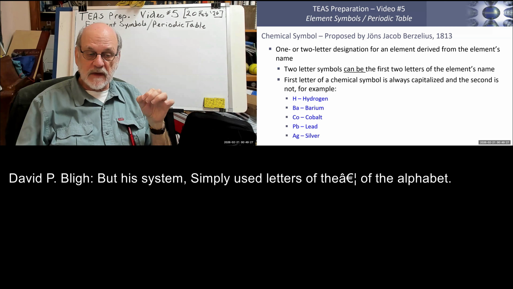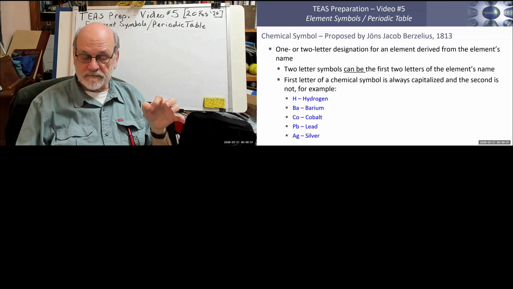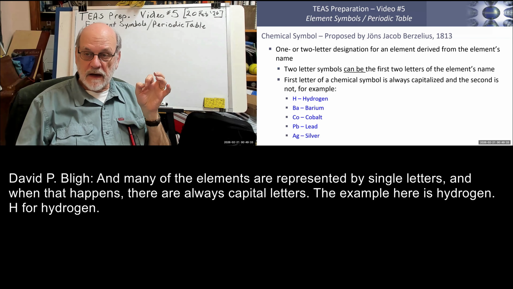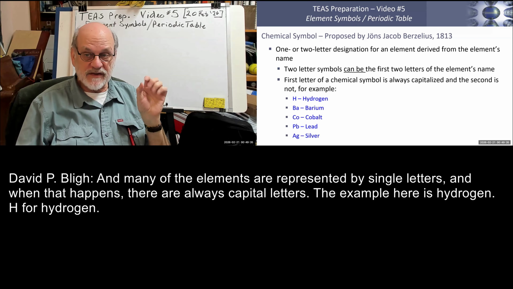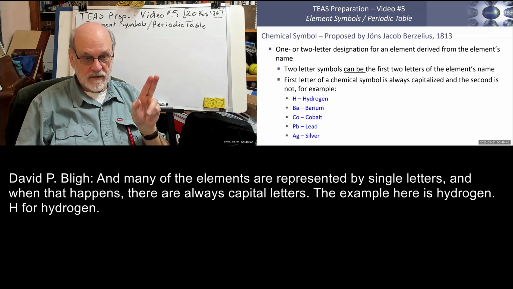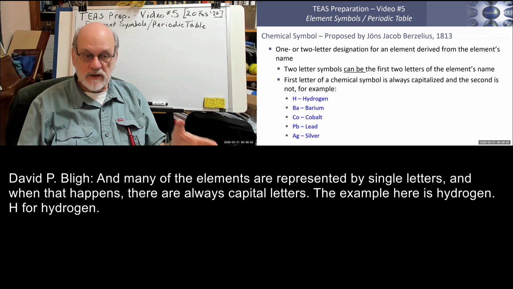But his system simply used letters of the alphabet, and many of the elements are represented by single letters, and when that happens, they're always capital letters. The example here is hydrogen, H for hydrogen.